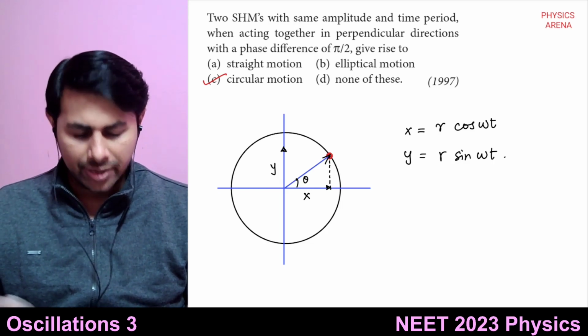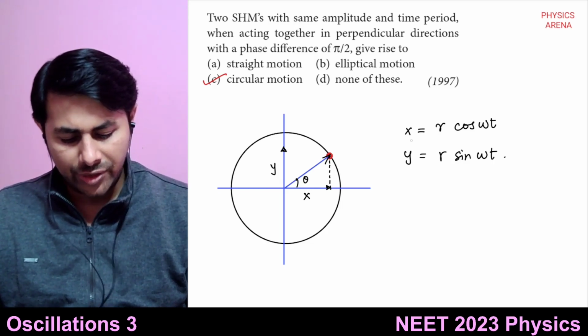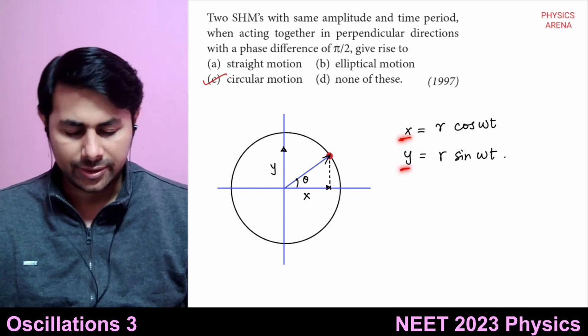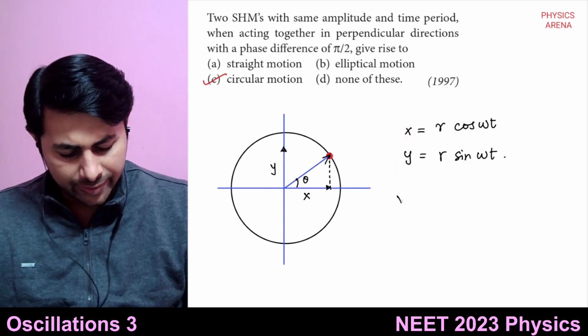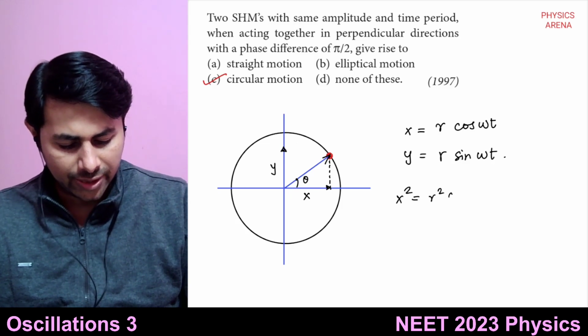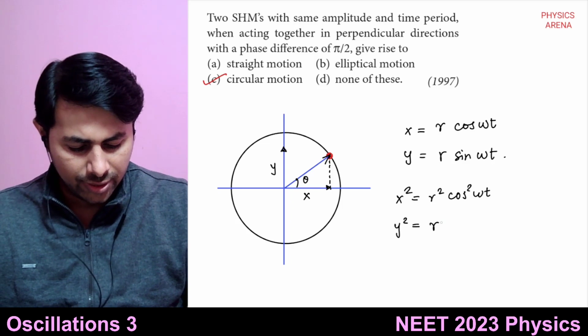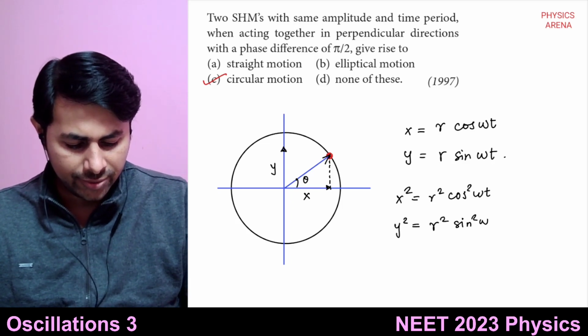We can think of it in this way also. If we square this and this, what will we get? x square equals r square cos square omega t, and y square equals r square sine square omega t.